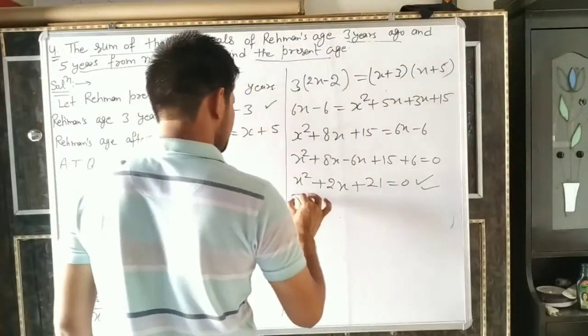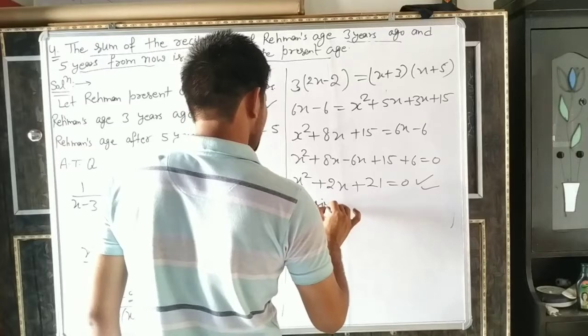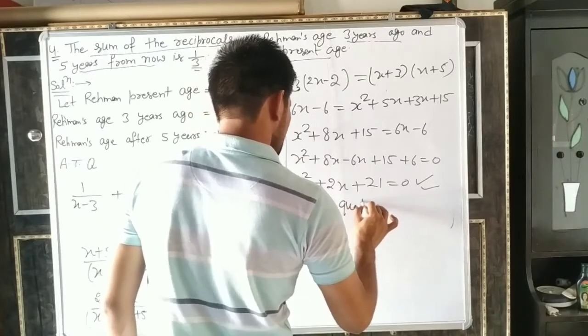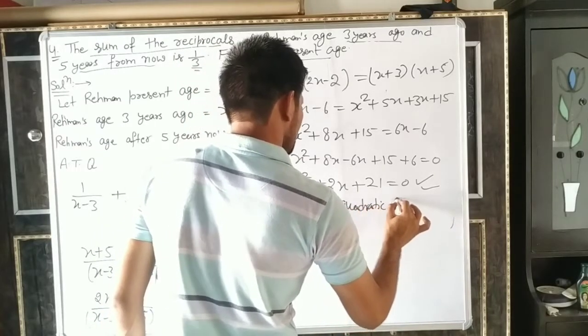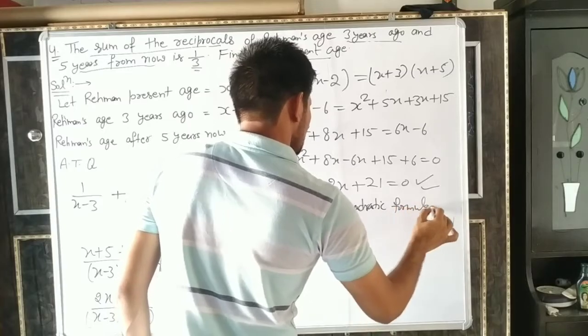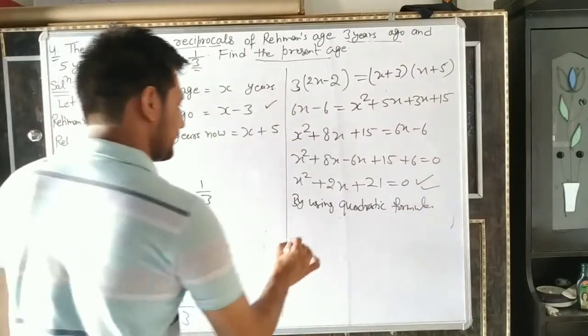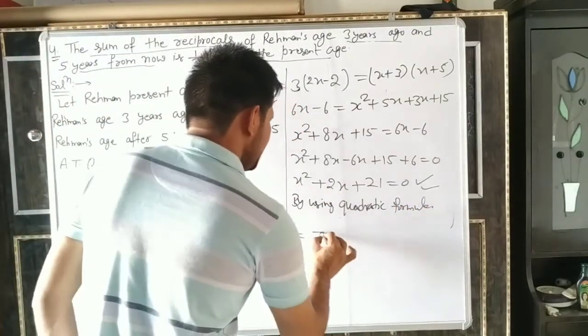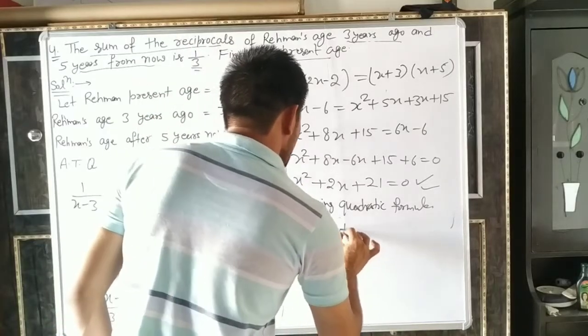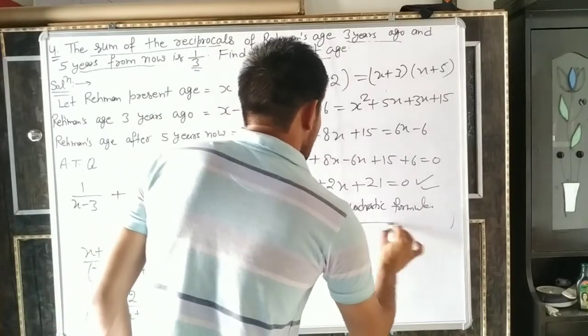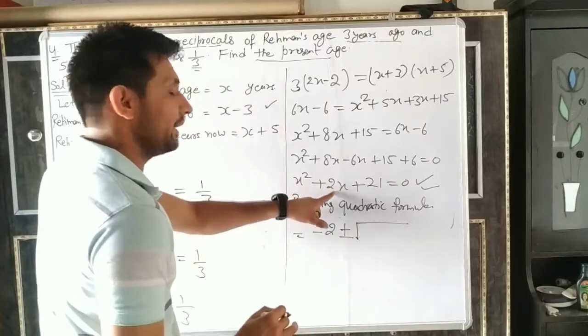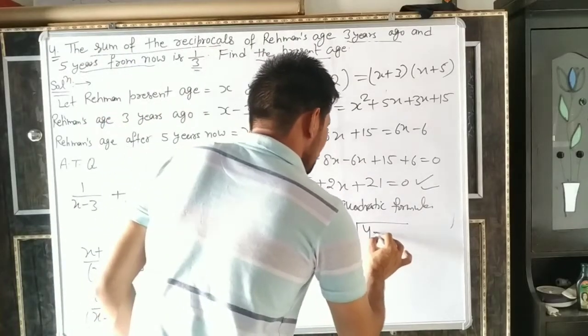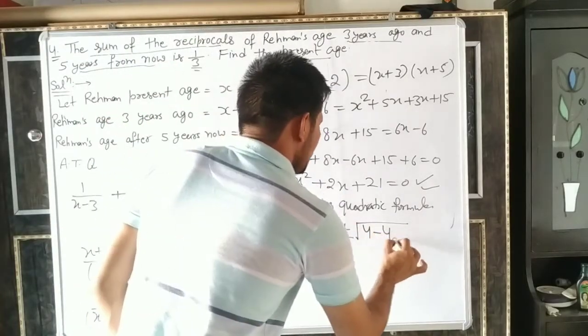You can write by using the quadratic formula. So you will write the formula. I am writing directly. Minus b, b is 2, plus minus under the root b square. B is 2, 2 square 4, minus 4ab.